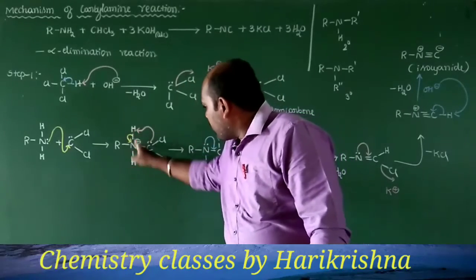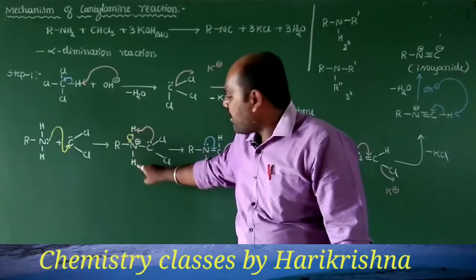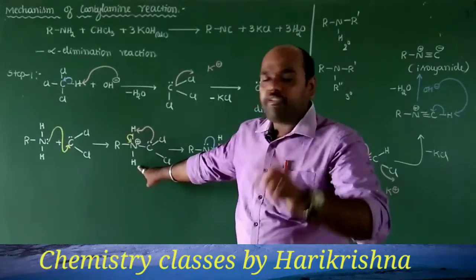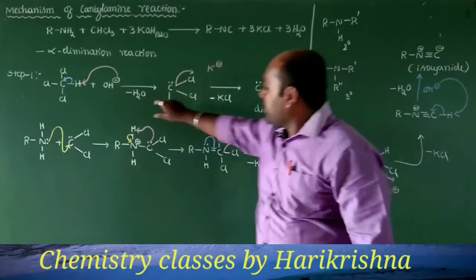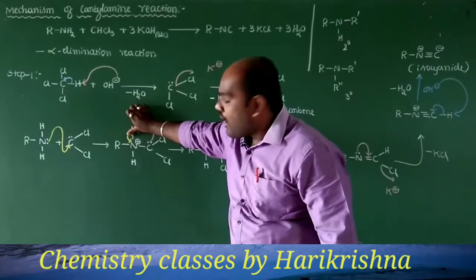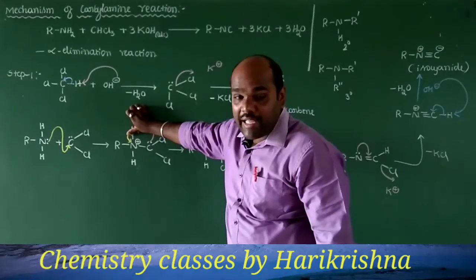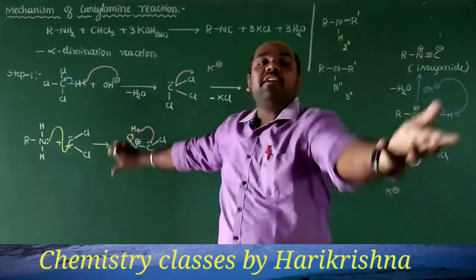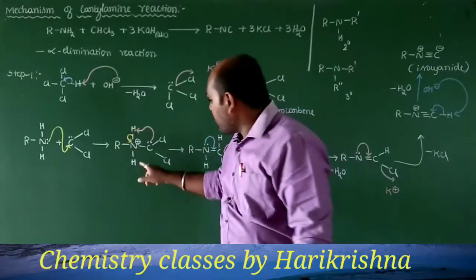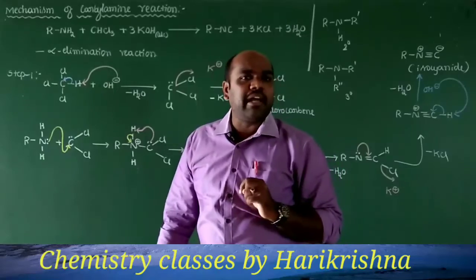In case of primary amine, we have 2 hydrogens. But in the secondary amine, we get one more R group over here, but not H. And that will not undergo further elimination reaction because we have only one replaceable hydrogen.